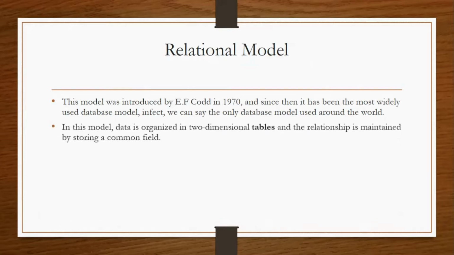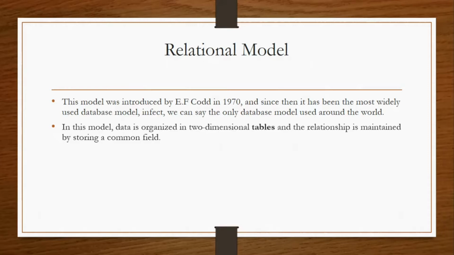In this model, data is organized in two-dimensional tables and the relationship is maintained by storing a common field. We used primary key and foreign key for that relationship. We created two different tables and we used the ID of both of them, and we stored them in a third table, which was a relationship table.